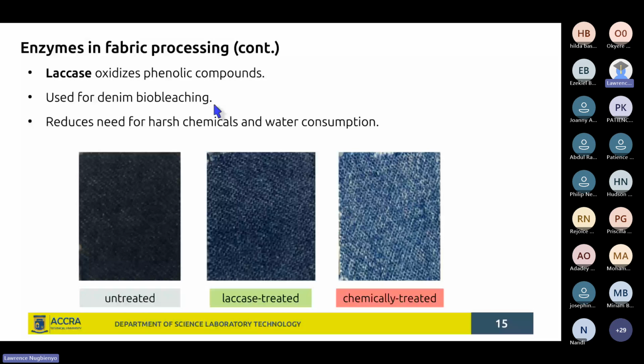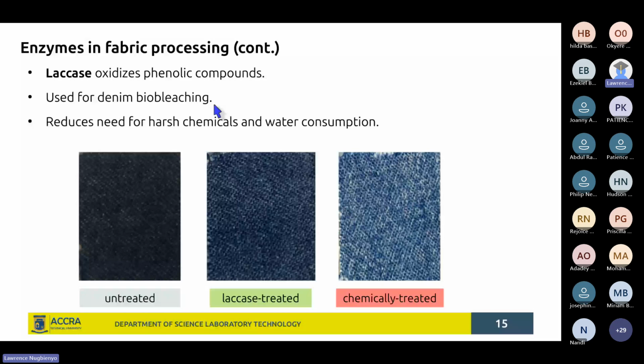Plants contain a lot of phenols, and many of these phenols have brownish colors that make the fabric look not so clean. And so you have treatment of the fabric in the production, this process of biobleaching.